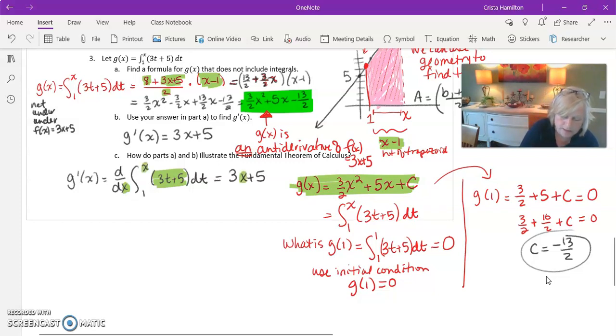So your rate function or your derivative is located in here, and the only thing you have to do is change your variable to x. All right, so hopefully that gives you enough to work on.